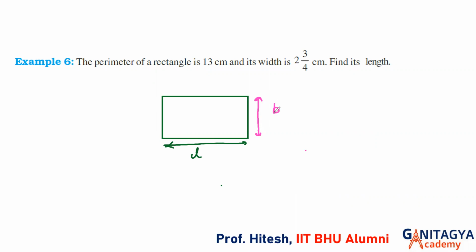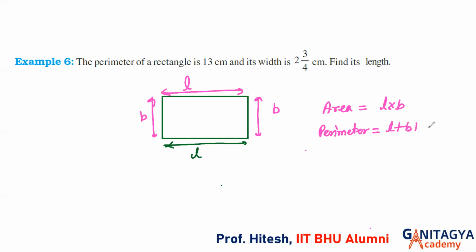So the area is L into B, and perimeter is L plus B, this is also L and this is also B. So the perimeter is L plus B plus L plus B. So this is nothing but 2 into L plus B. Understood? Area is not required here, but we must know perimeter is 2 into L plus B.